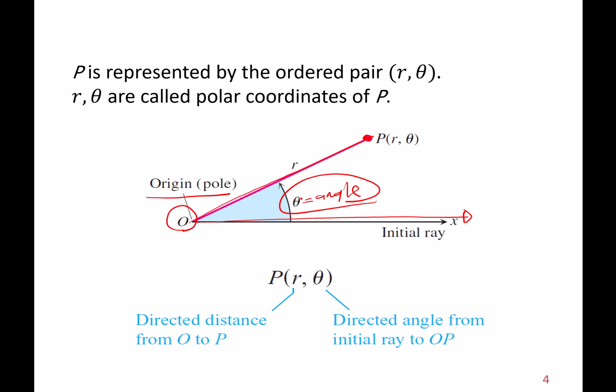So our point is (r, theta). r is the distance, and theta is the angle in between.